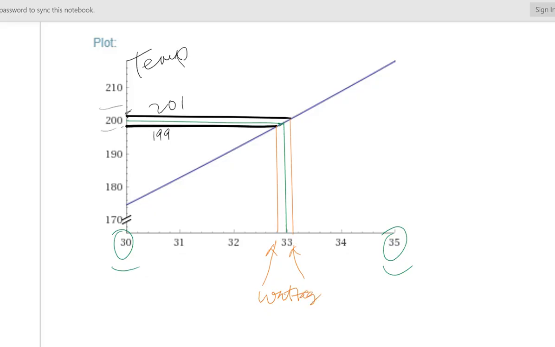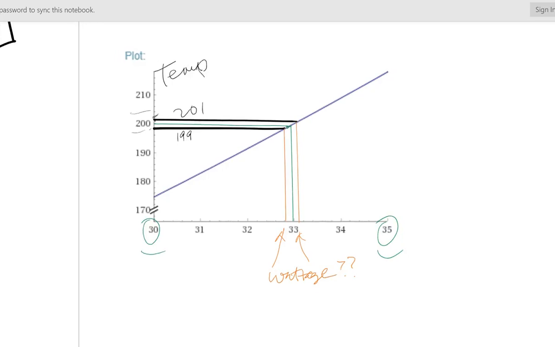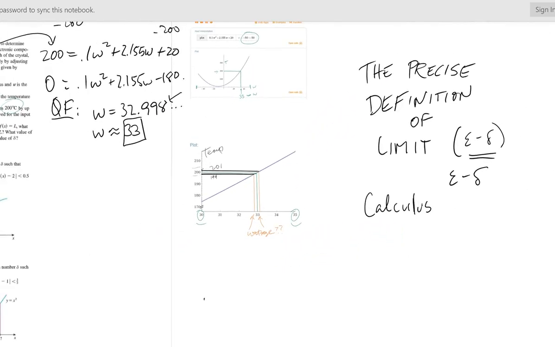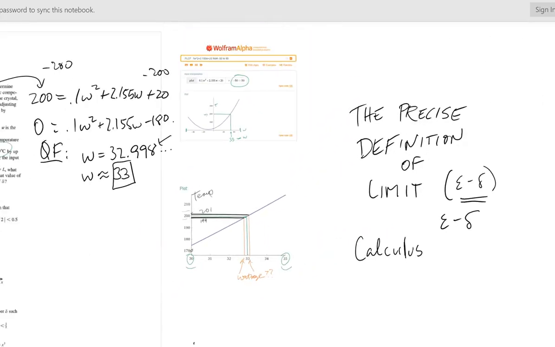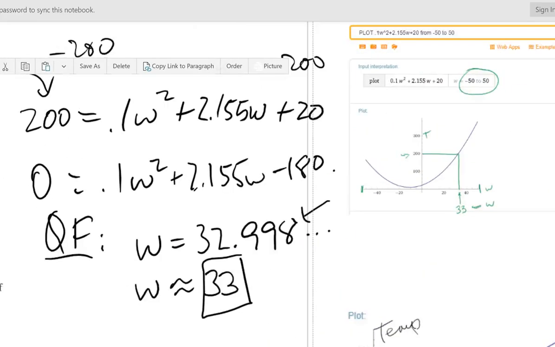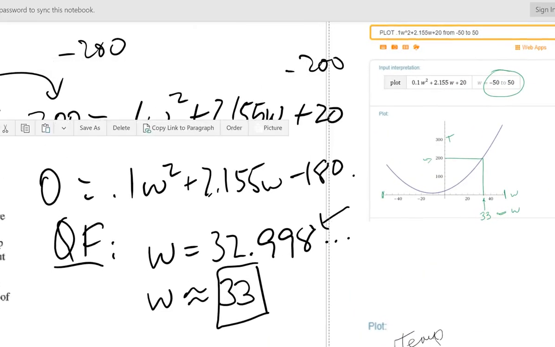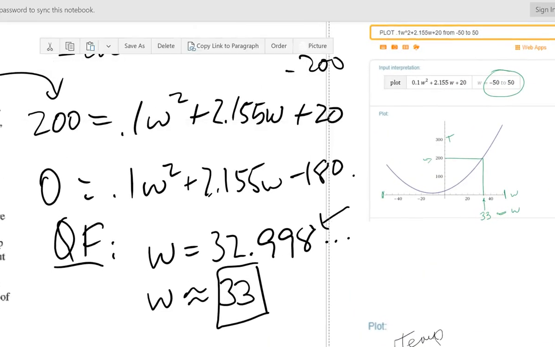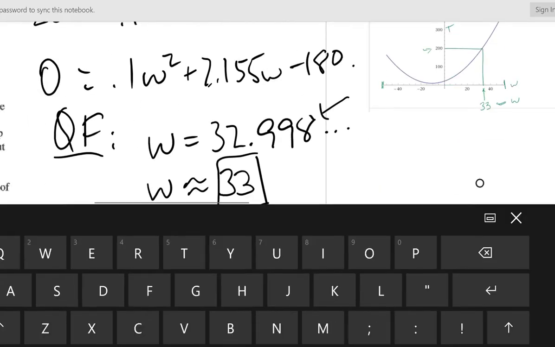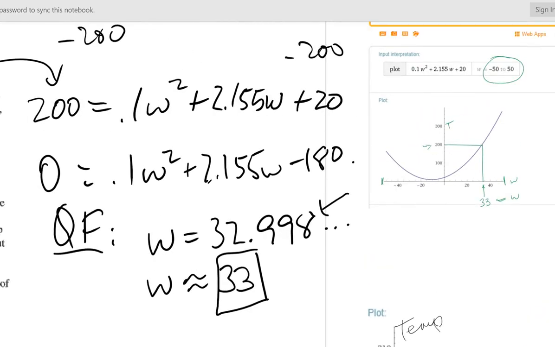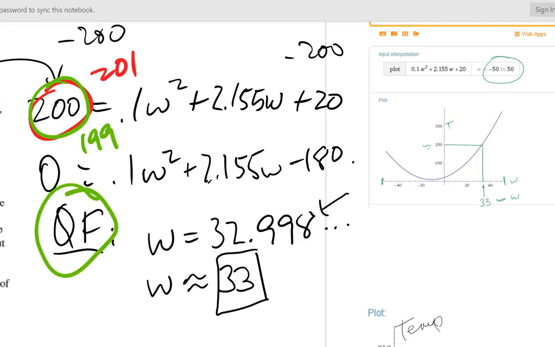So the way you really figure that out, what is this wattage? You do the same thing you did before, but you replace 200 with 201 and 199. So you take this and replace it with 201, and you take it again and replace it with 199, and then you use the quadratic formula.